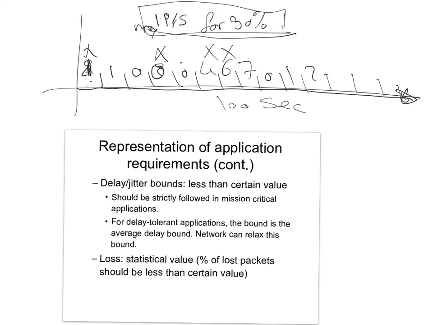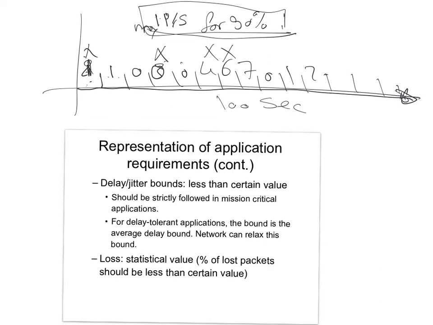So either we say that we want to make sure that for the 100 seconds, every second we have either 1 or 0 packet drop, and we count the number of these seconds. If they are 90 or above, then we're fine. So that's how it works.